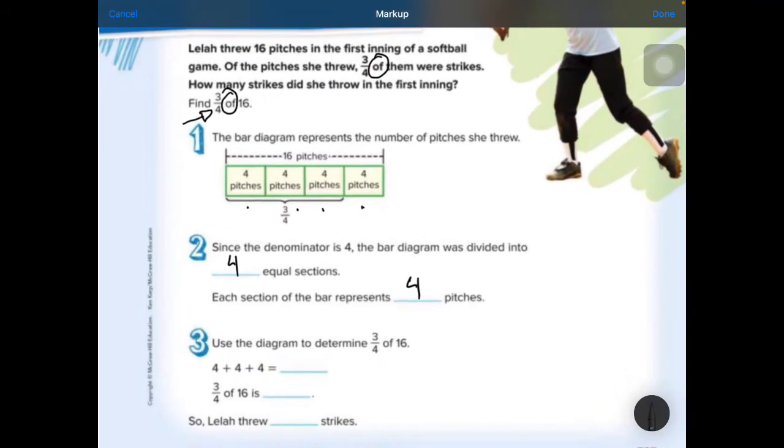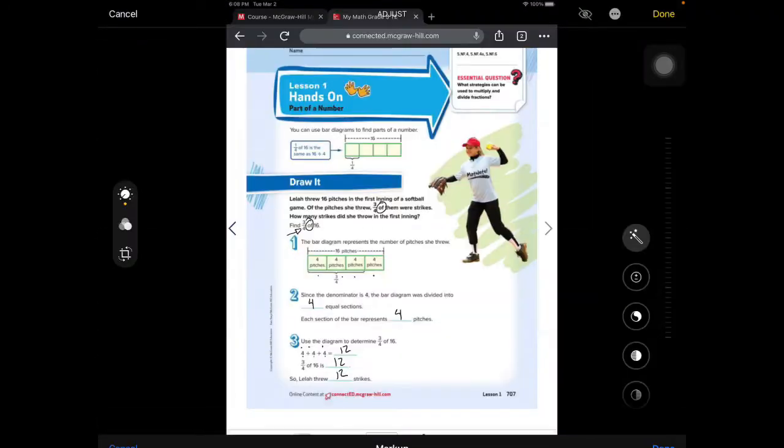Use the diagram to determine 3/4 of 16. 3/4 of 16 is 12, because 4 plus 4 plus 4 is 12. If it was times, it would not be 12, right? But we are plussing them. Got to control your signs. So Leah threw 12 strikes.